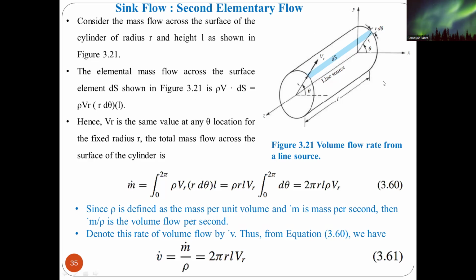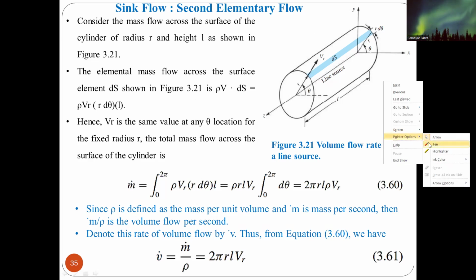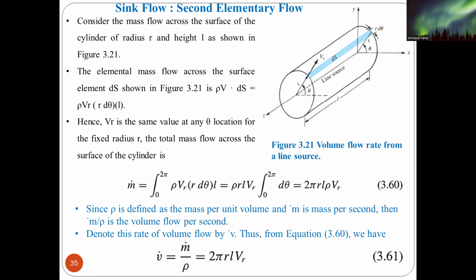Let me define those points. This length is r d theta, and L is this length, so that this surface ds is r d theta times L. So that is the volume.